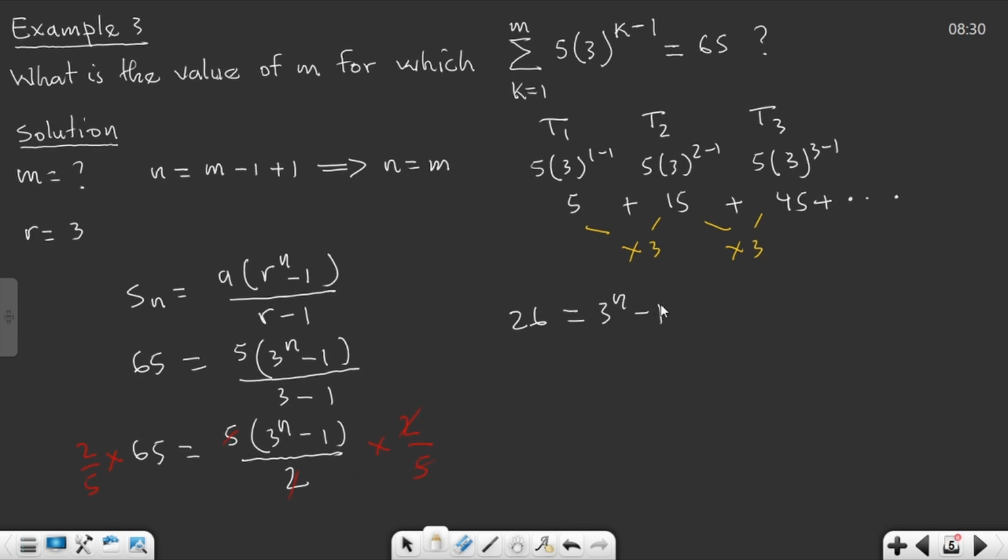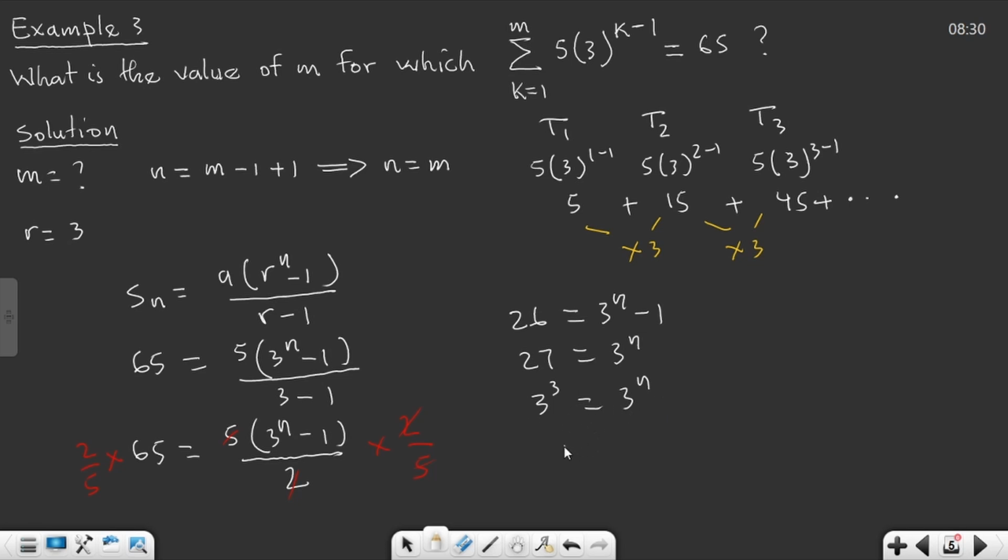And then my negative 1 will move from the right side to the left side. It will be 26 plus 1, which is 27, is equal to 3 to the power of n. And 27 can be written as 3 to the power of 3. Can you see that? And when the bases are the same, obviously the exponents must be equal.